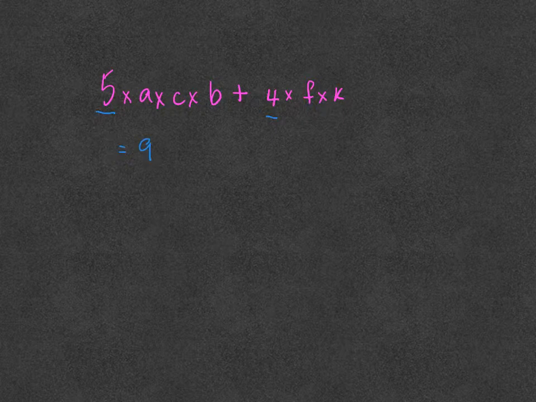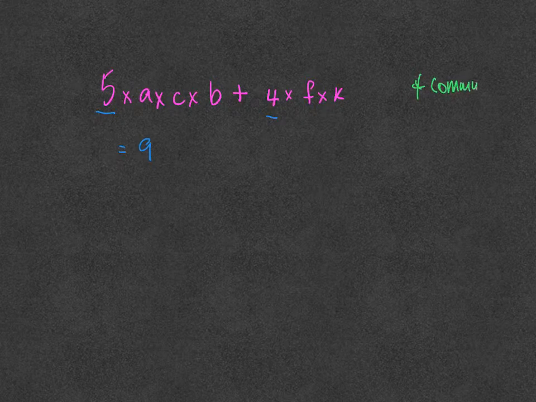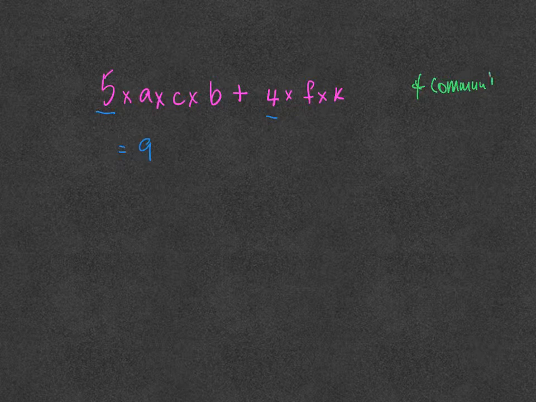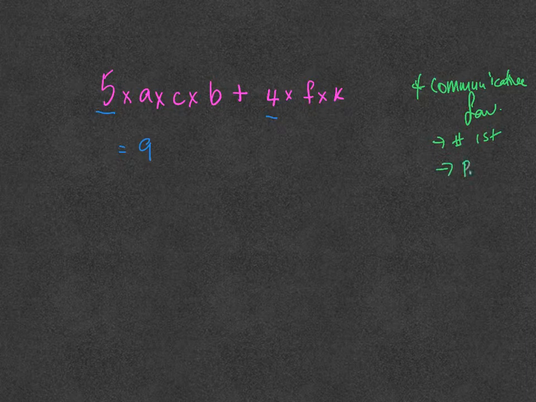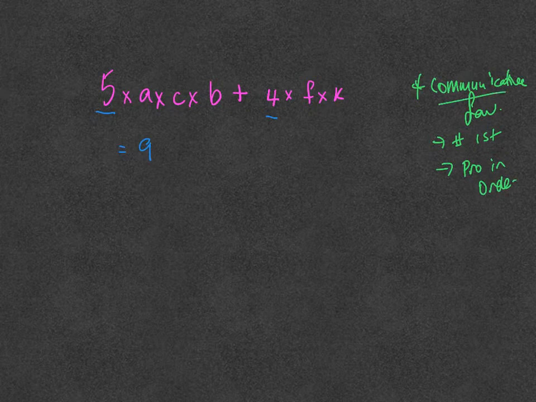And then we're going to remember our law, I should actually say our commutative law, which is when we have the numbers first and then the pronumerals in order. That's our commutative law.